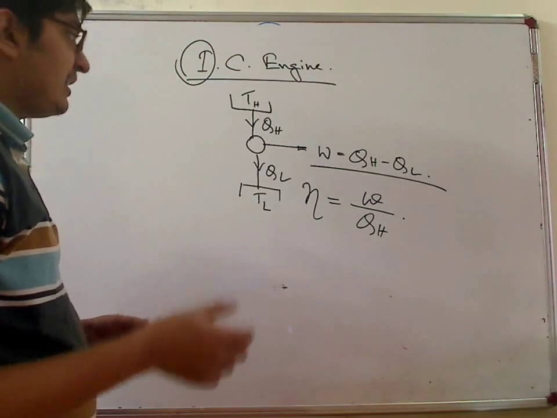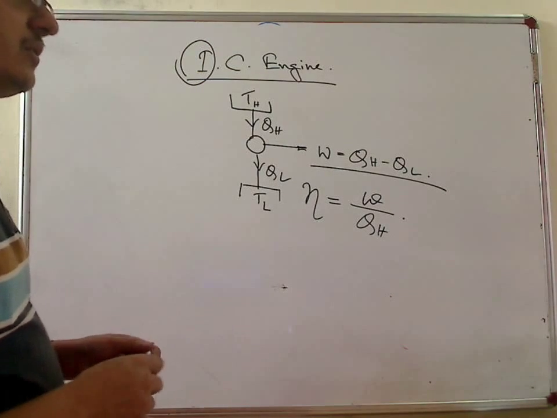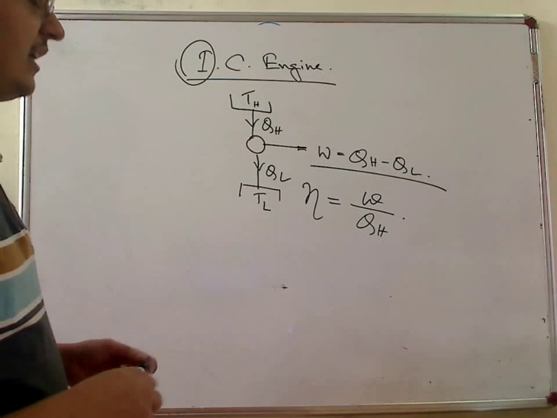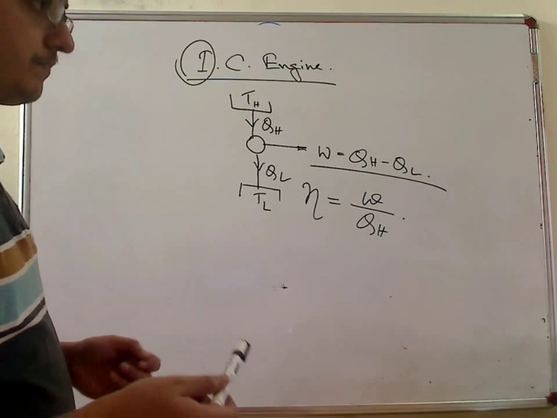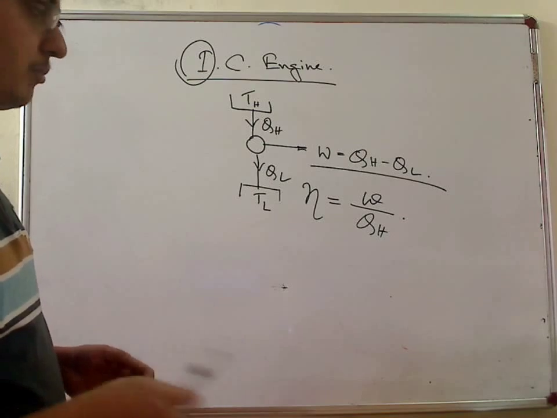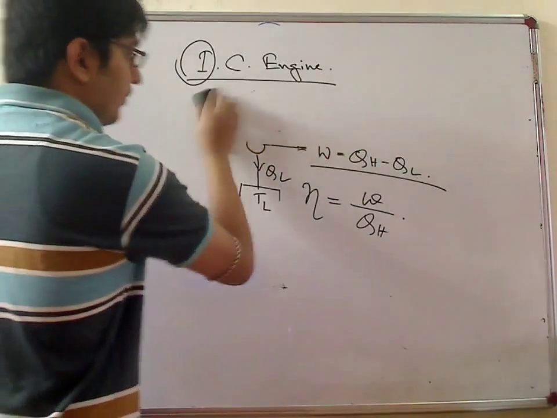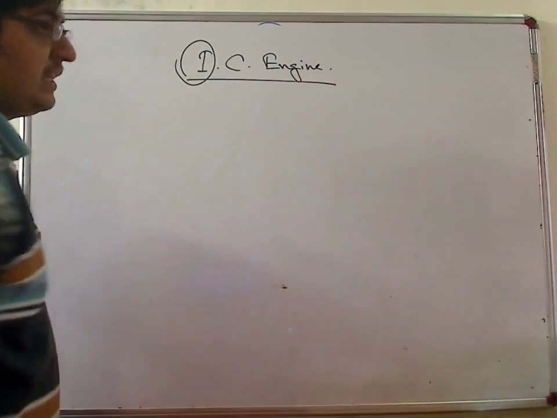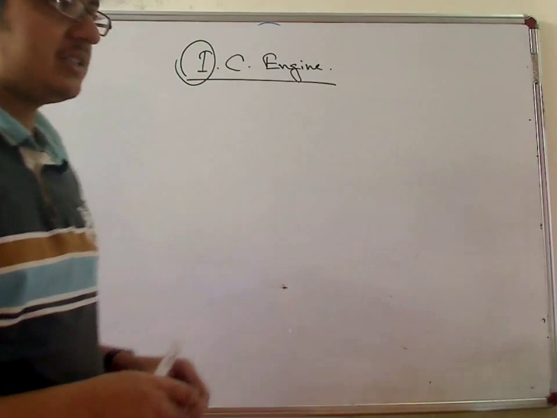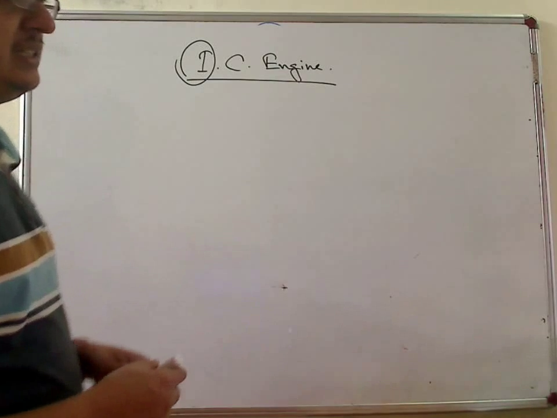There is another engine which is external combustion engine. This was used in the earlier years when steam engine rails were moving. There, instead of internal combustion in the engine, some external combustion occurs, and the energy from this combustion goes to the engine.